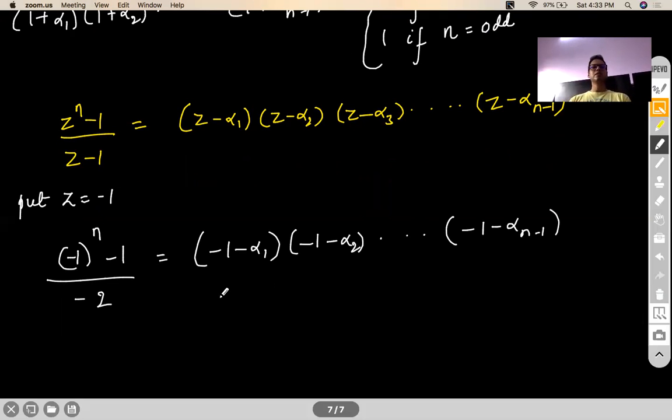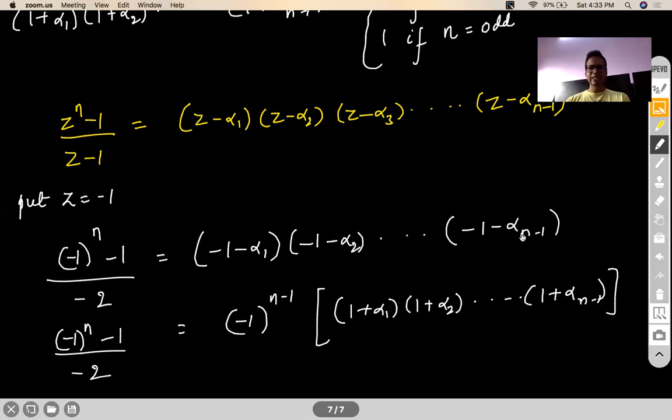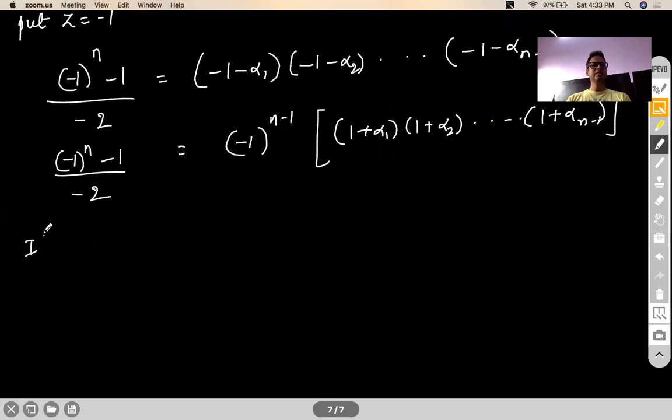So now, if I take a minus 1 common from each of these terms, I will get minus 1 to the power n minus 1 and 1 plus alpha 1, 1 plus alpha 2, all the way till 1 plus alpha n minus 1. Correct? On this side, I'll have minus 1 to the power n minus 1 by minus 2. Correct? Now, if n is even, then minus 1 to the power even number will be 1 only.